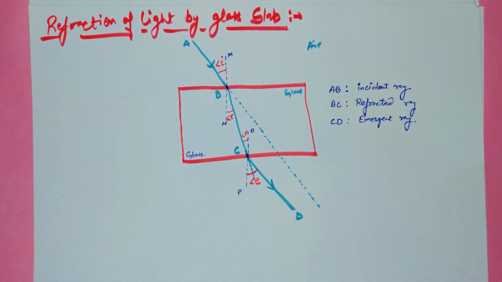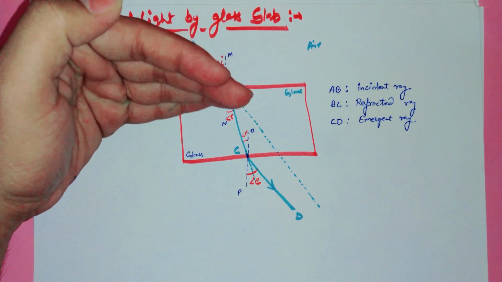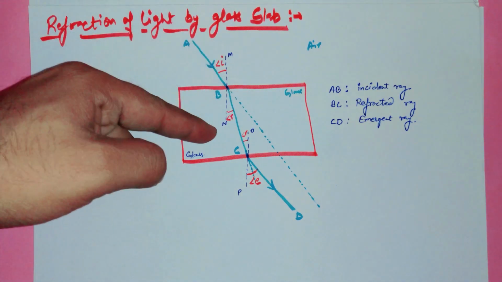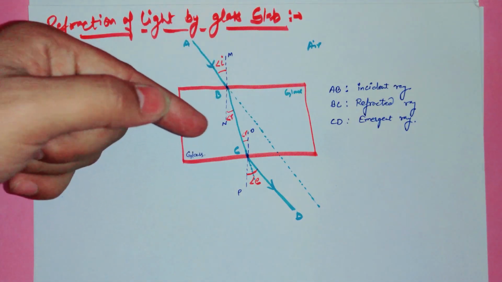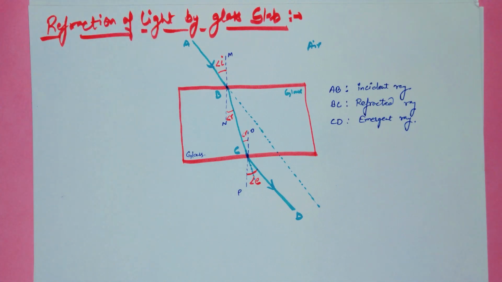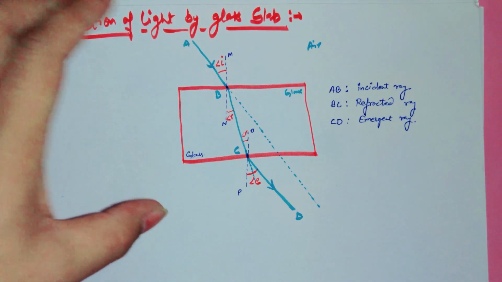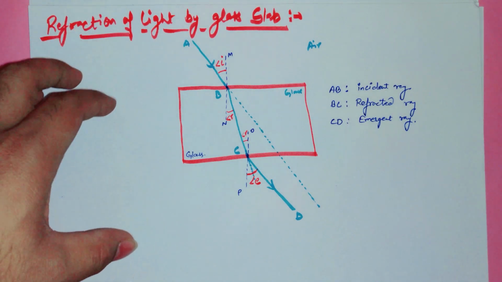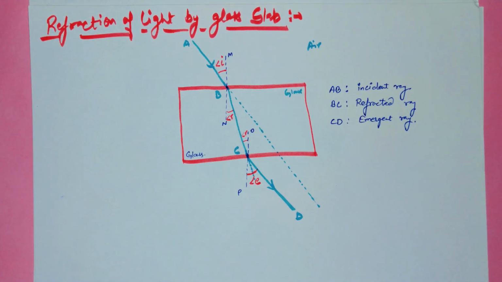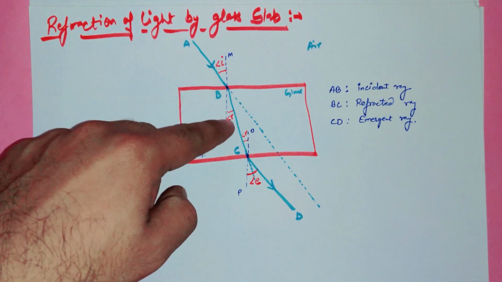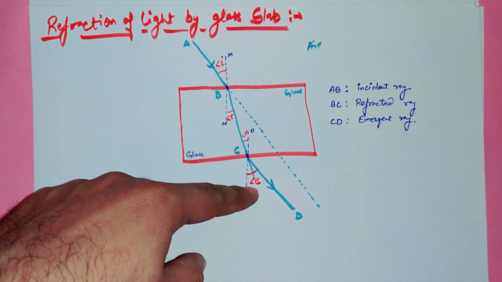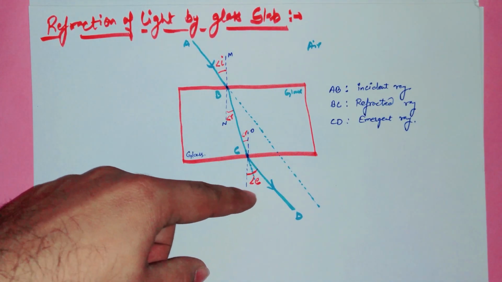Whenever light goes from one medium to another medium, its velocity changes but its frequency remains the same. Frequency doesn't change. So this is the refraction of light by glass slab. This is angle of incidence, this is angle of refraction, this is angle of emergence. Clear?